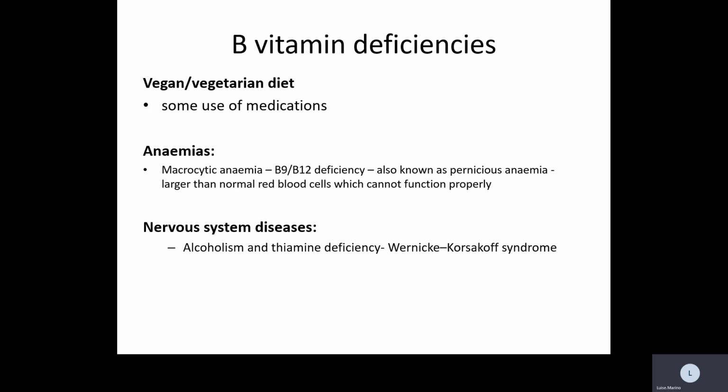They're associated with macrocytic anemia, so B9 and B12, which is also known as pernicious anemia, where you have larger than normal red blood cells which can't function properly. And then, as I said, alcoholism and thiamine deficiency is also an issue.